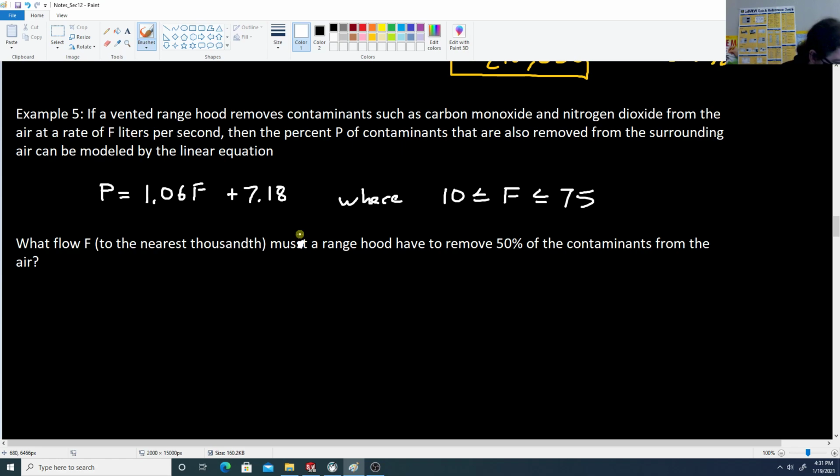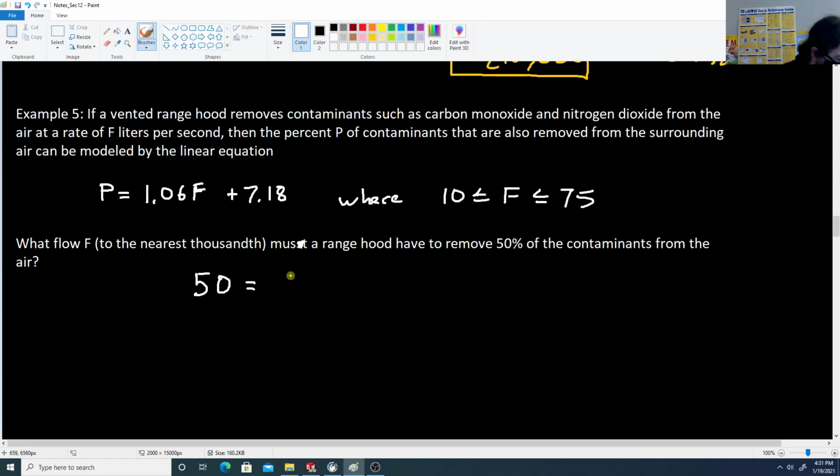So I think all we have to do for this one is we're trying to remove half the contaminants. Here's our equation where we have the percentage of contaminants removed here, and then this F value here is the air rate, or the airflow rate, I guess. So we're going to just say, all right, let's take that equation. Let's put 50%.